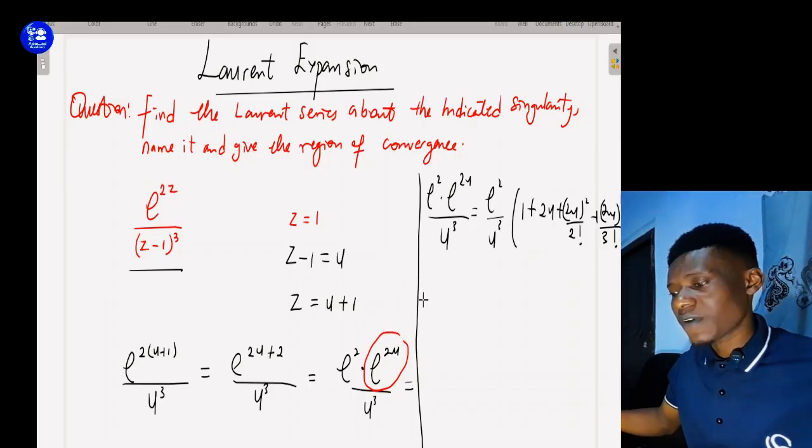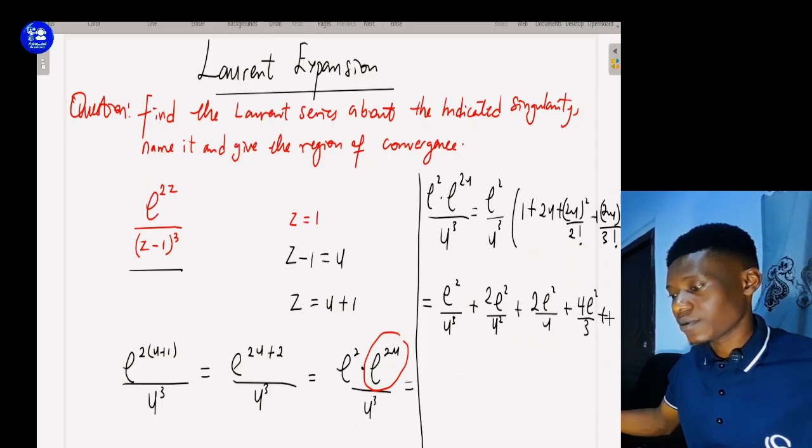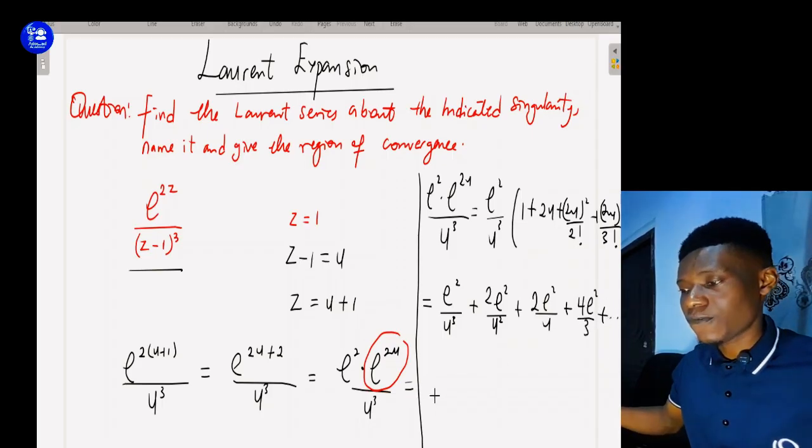So when you simplify further, you can bring in e to the power of 2. When you open the bracket with this, you have e squared over u cubed plus 2e squared over u squared plus 2e squared over u plus 4e squared over 3, plus, you can continue further.